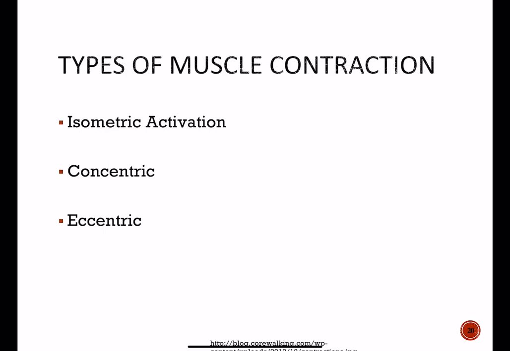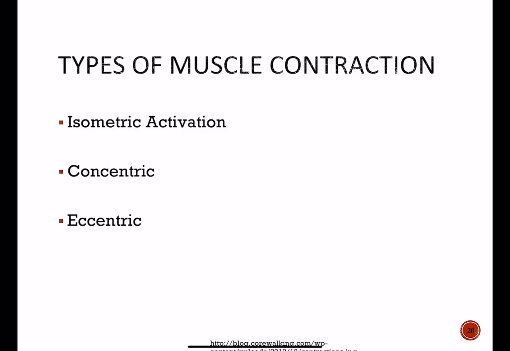And you guys already know from tests and measures that we can't take the muscle out of the human. So we use a maximal isometric contraction as an indicator of a muscle's peak strength, right? That's our position that we take in our tests and measures and our manual muscle testing.